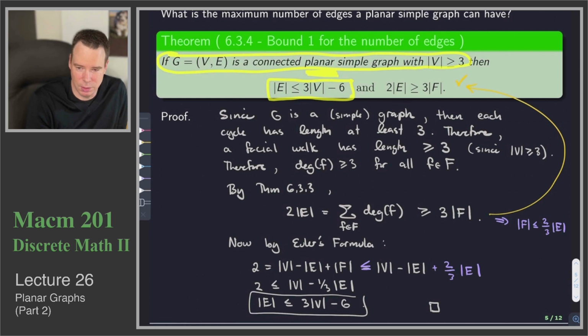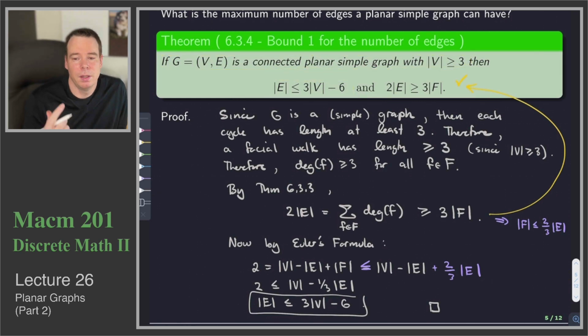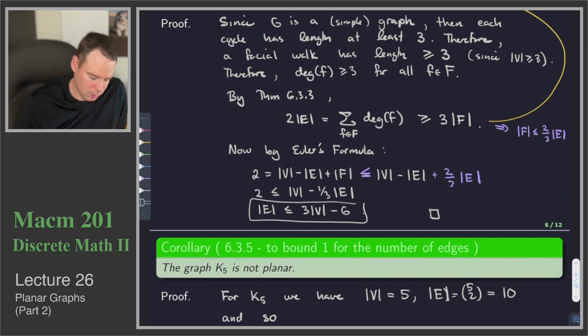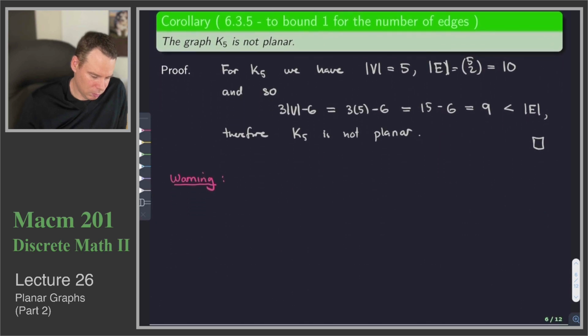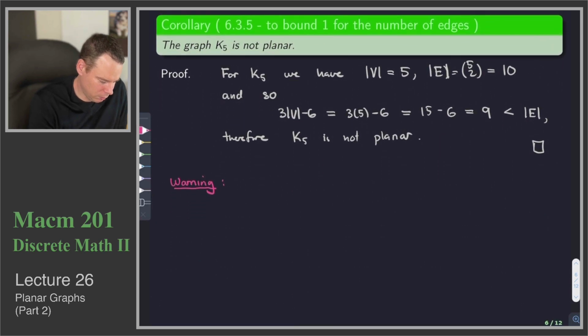It can't have too many edges. If it's planar, then the edges are bounded. It does not say if the edges are bounded, then it's planar. The reverse doesn't hold. If the edges are bounded, that does not imply it's planar. And so that's worth noting, because that's often a trap that people fall into.